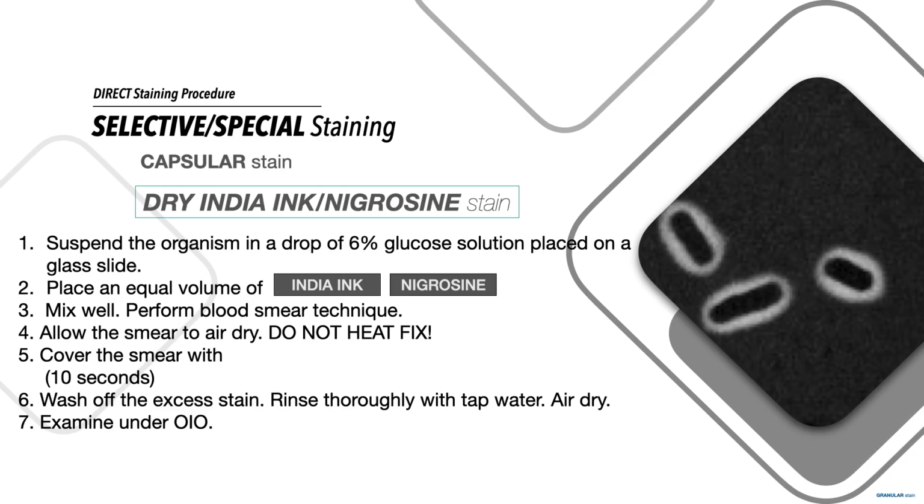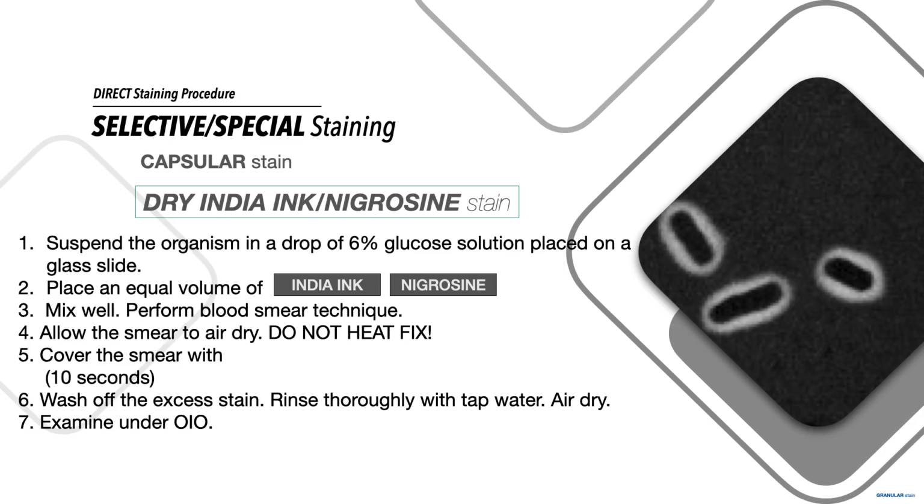Now, once you've performed the smearing technique, you allow the smear to air dry, and then you do not heat fix. Ma'am, bakit? Because heating will cause your capsules to shrink. They will shrink so much na hindi nyo na sila makikita, so useless. So, you just allow it to air dry.